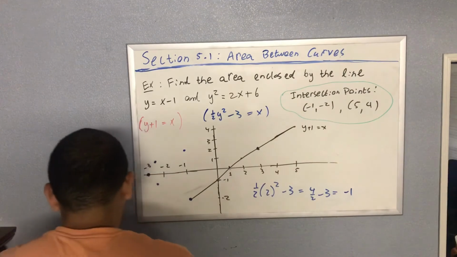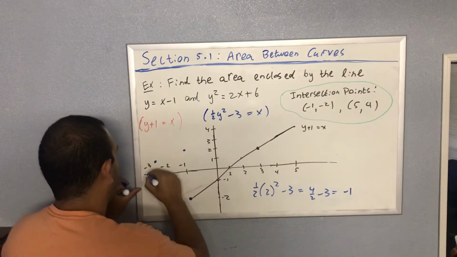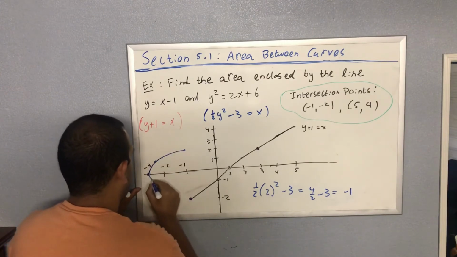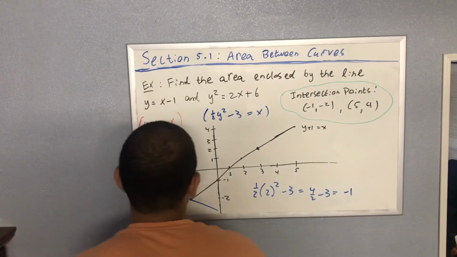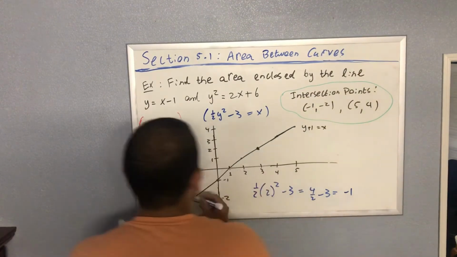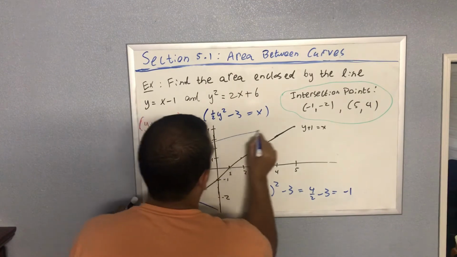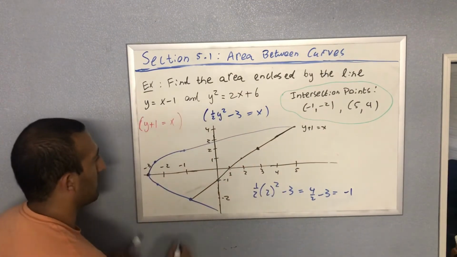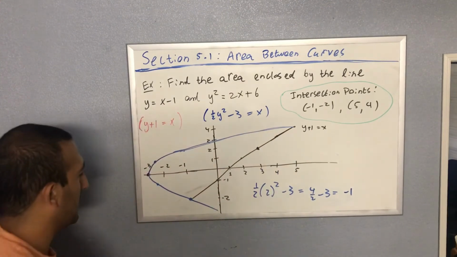Okay, so then this becomes a rotated parabola. And then this will keep going down like this, and this will continue on like that, until we hit this intersection point. Okay?